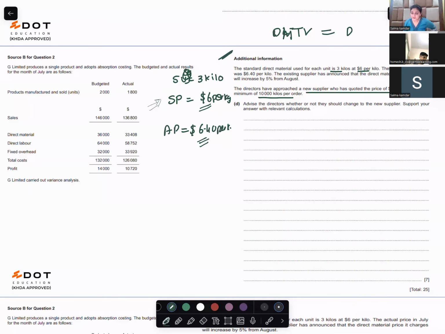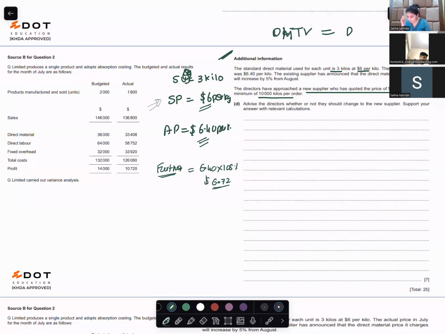And if the price further increases by 5%, it becomes 6.40 into 105%, which is 6.72 per kg.